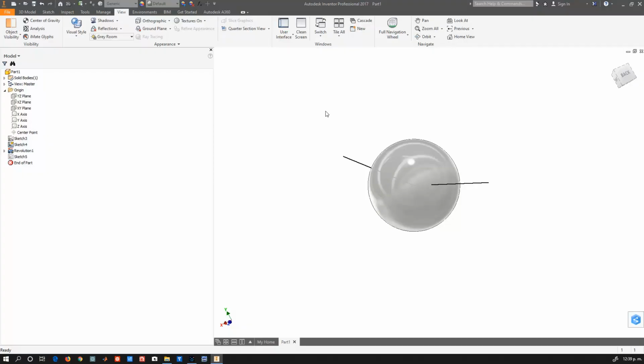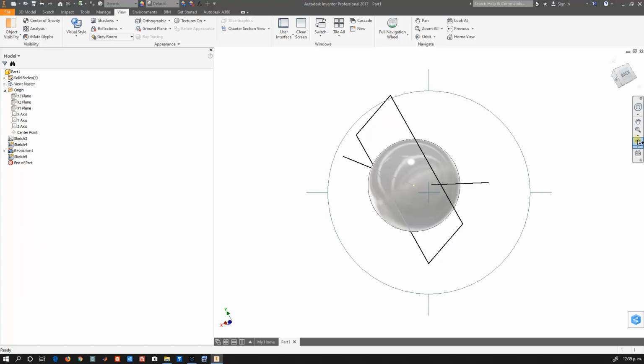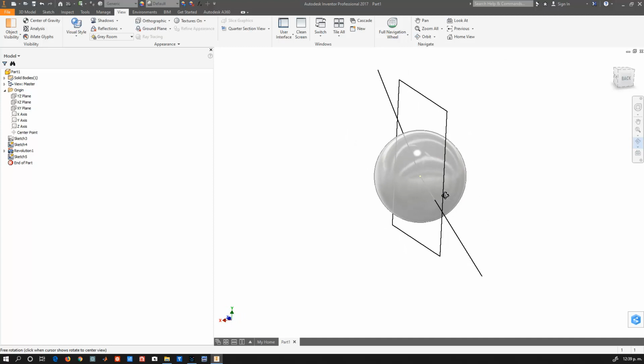What I need you to understand is that when you have two lines like this, and these lines pass through the center of the sphere, you can create a plane formed by these two lines, something like this. You see? These two lines form a plane.